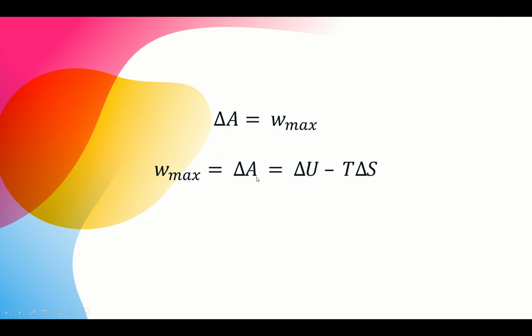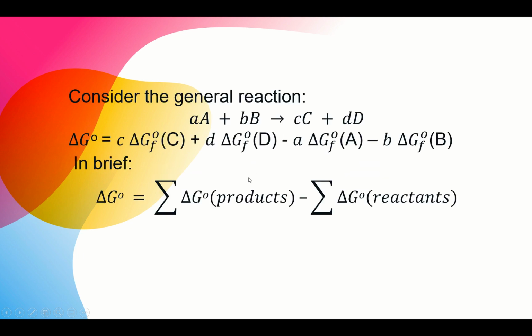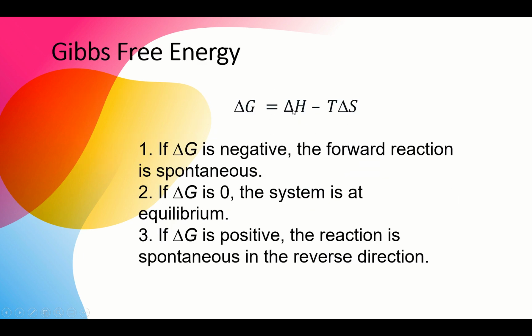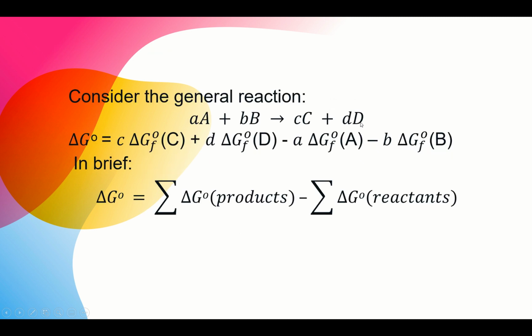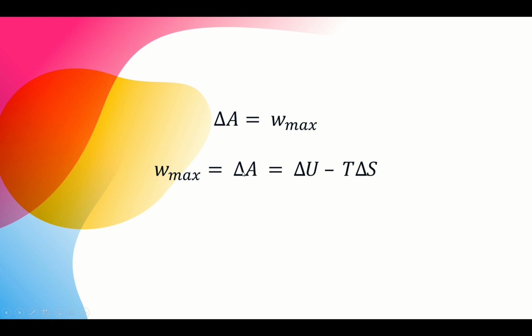And here, delta A is equal to delta U minus T delta S. In case you were not paying attention, delta G is equal to delta H minus T delta S, or that of delta A is equal to delta U minus T delta S. How did we get this expression?